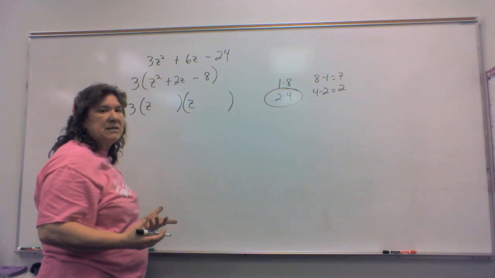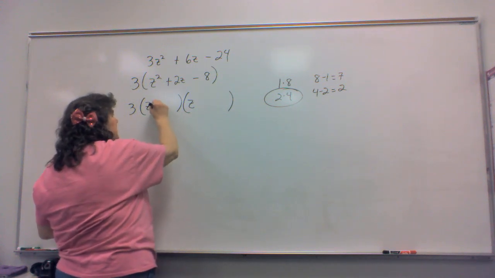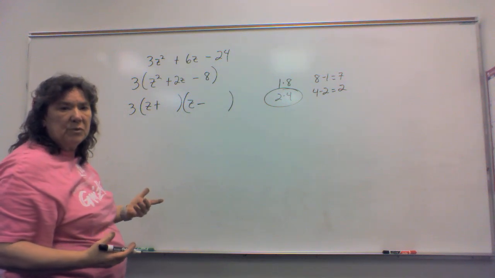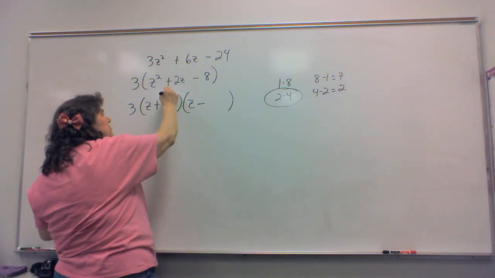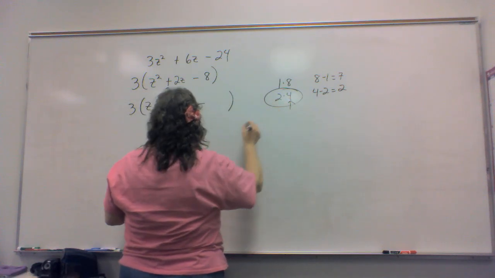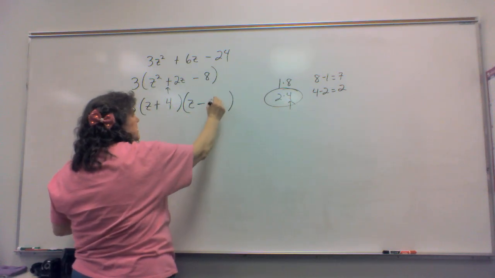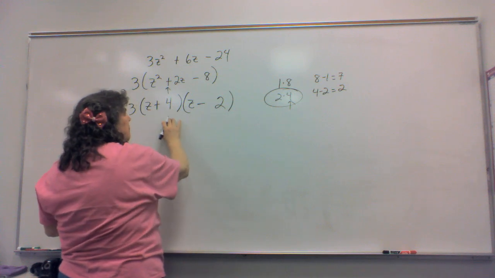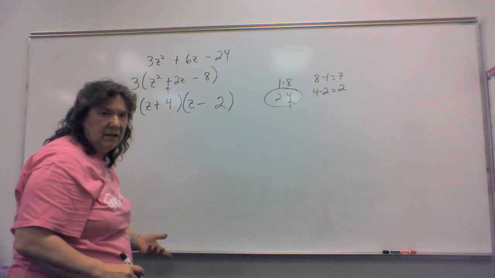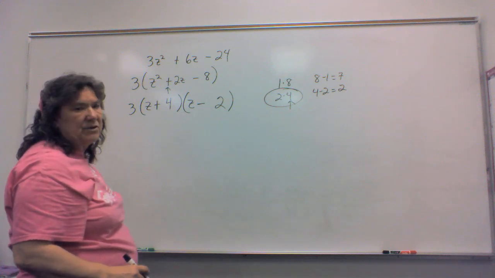Which one is positive and which one is negative? Since the signs are not the same, which one will be negative and which one will be positive? This is plus 2, therefore my larger factor has to be my positive. My smaller one is negative. 4z minus 2z is a positive 2z. Therefore, it is factored accurately.